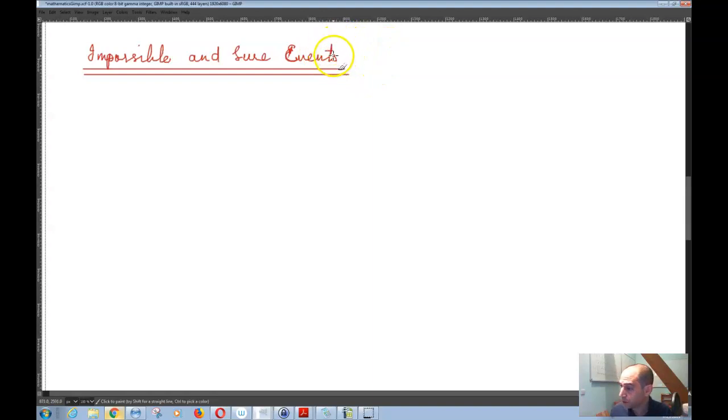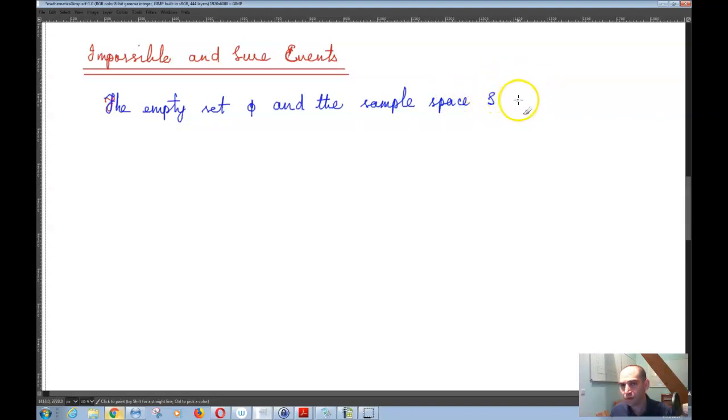So basically the empty set null and the sample space S describe events.